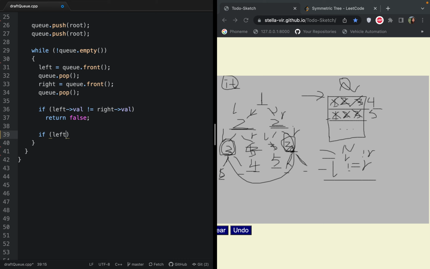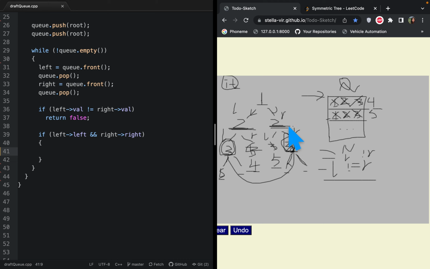So if left to the left and right to the right, if they both exist, then we need to push, well, actually it starts from these two.